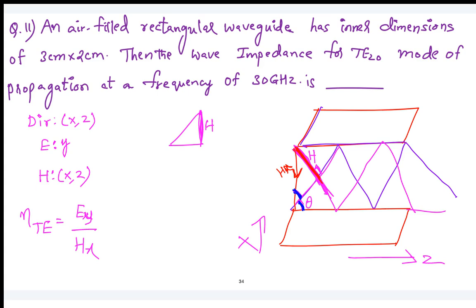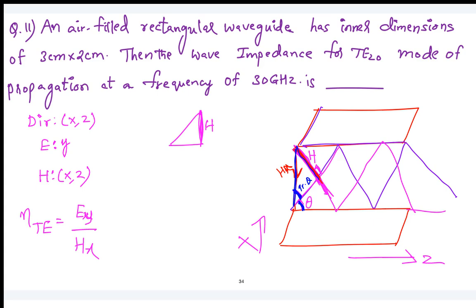It is 90 minus theta, correct. Now, can you tell me what is the value of this Hx component? Use the trigonometry. You can draw it vertically and tell me quickly.